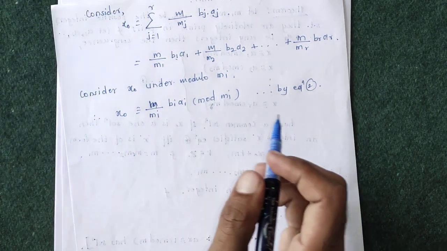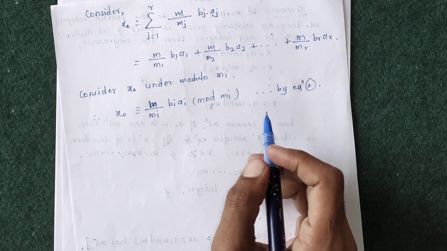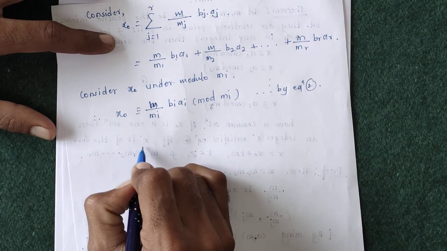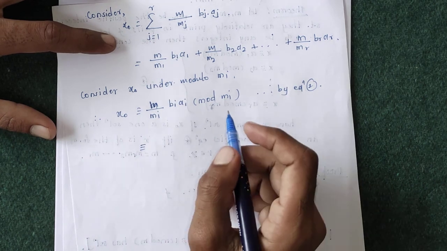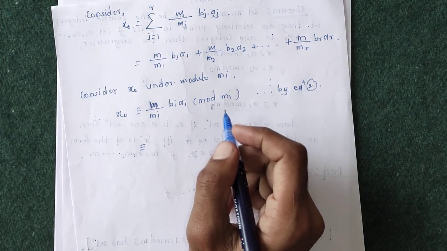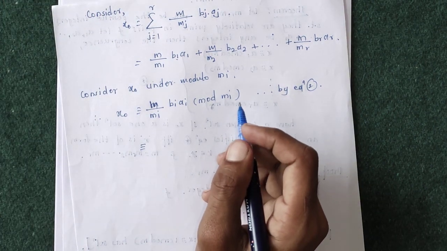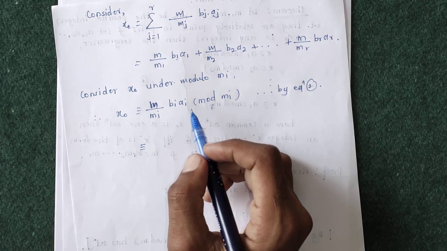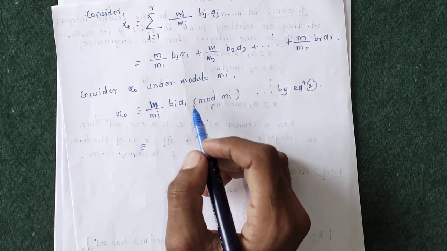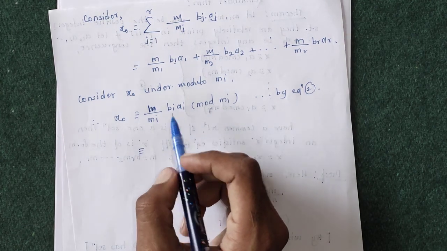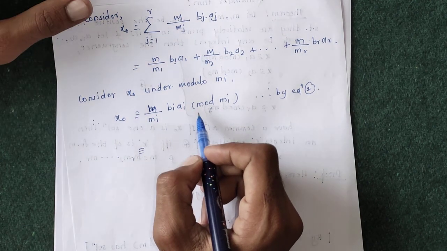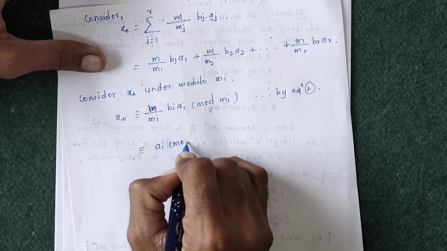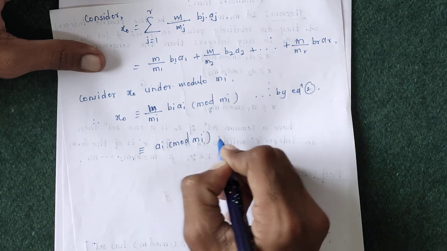So x naught is congruent to m by mi bi ai modulo mi. This gives that x naught is a solution of the simultaneous congruence a1, a2, up to ar, which is congruent to ai modulo mi.